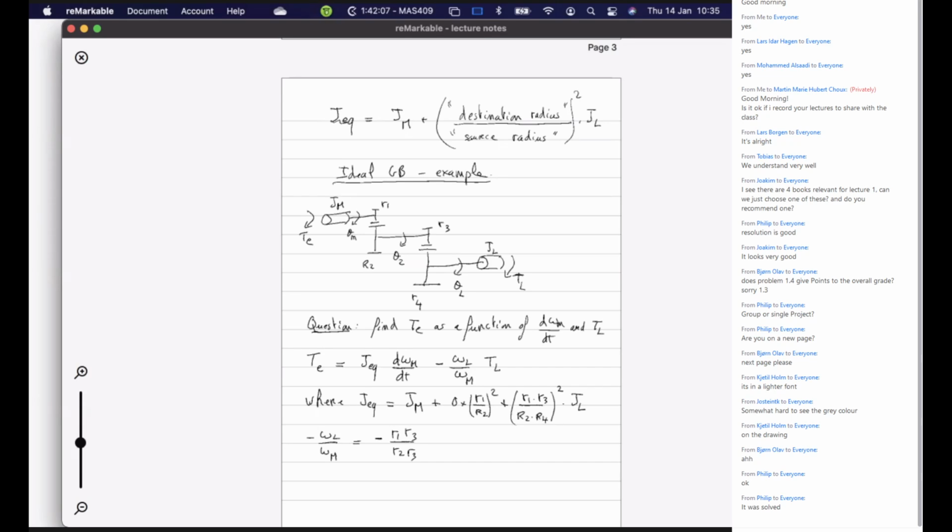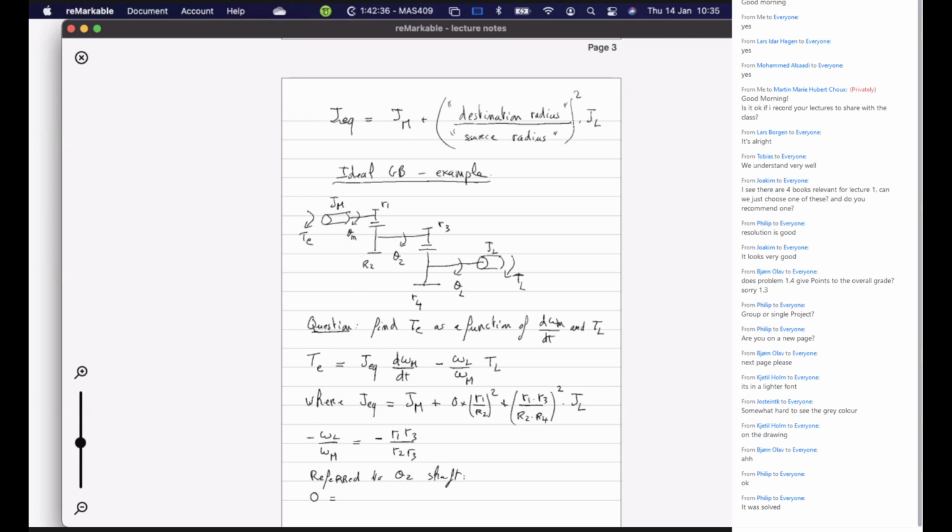All of the radii are positive numbers, so we need a minus here. But instead of considering the motor shaft, we can consider the shaft in the middle, the theta 2 shaft. So if we write it referred to the theta 2 shaft, then the external applied torque to theta 2 is equal to 0.